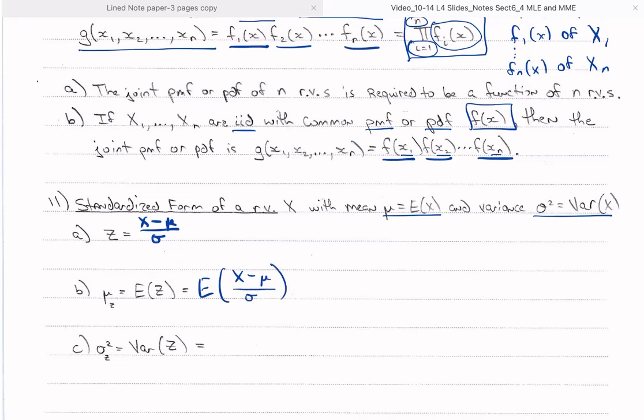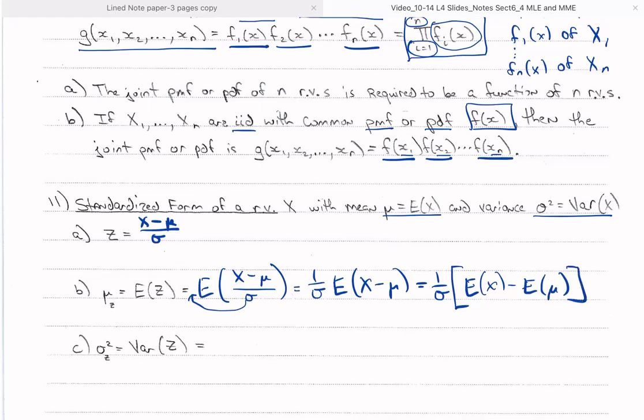Remember, sigma is a constant, so it's going to come out, and I'm going to have 1 over sigma, e of x minus mu, and then I can distribute the e, so I'll have 1 over sigma times e of x minus e of mu, but mu is a constant. So this is going to equal 1 over sigma, e of x minus mu, but e of x, the mean of x, is mu. We've already said that. So that's 1 over sigma, mu minus mu. This is 0.